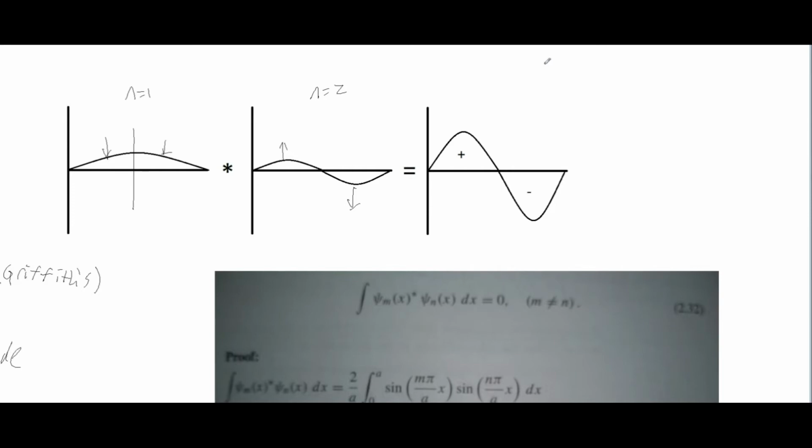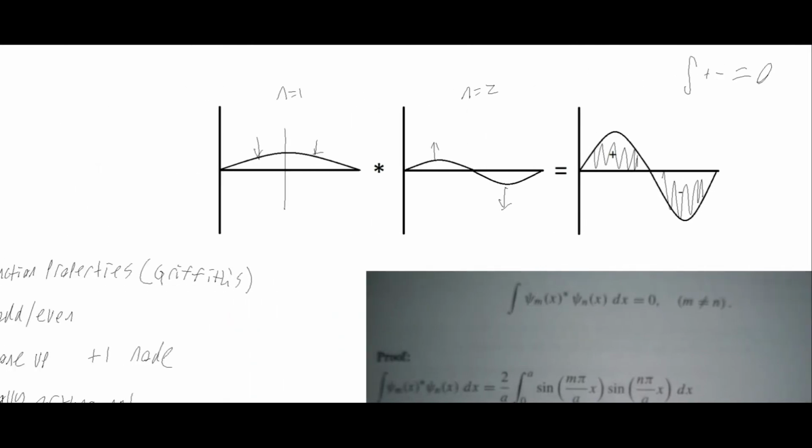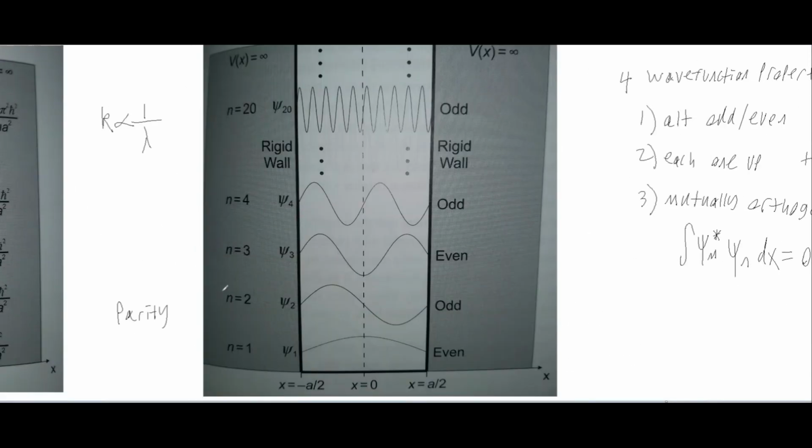But now if we take the integral, which is just a sum, a continuous summation, we are taking the sum of all this, which is some positive number, and then adding that to the sum of all this, which is the same magnitude but now negative, and so that would be equal to 0. And that's sort of intuitively, I guess graphically, how you can see that if you take the integral of any of these multiplied by each other, then you will get 0.